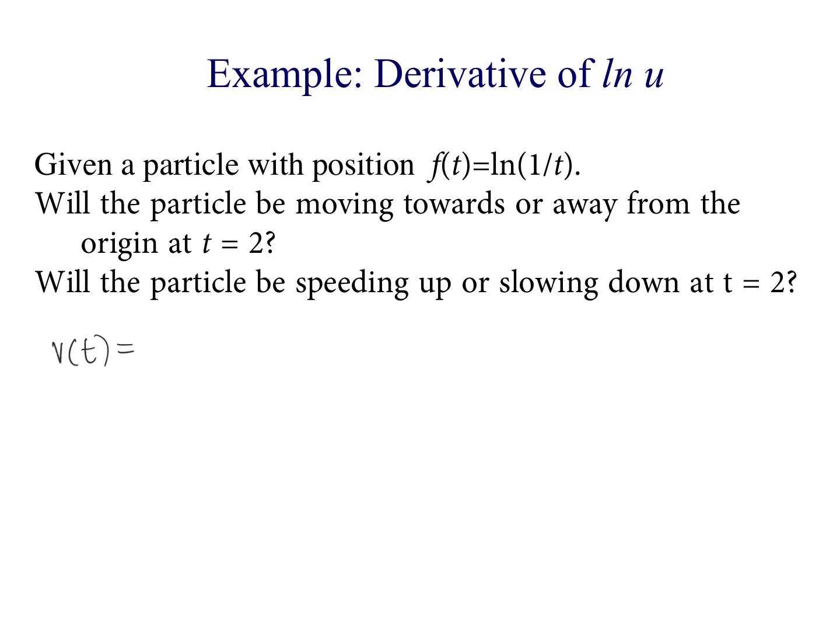Velocity is going to be the derivative of the logarithm function. So 1 over, and then put in your 3 parts. What goes in that first set of parentheses? 1 over t. The second part will be ln. The third part will be the derivative of 1 over t.